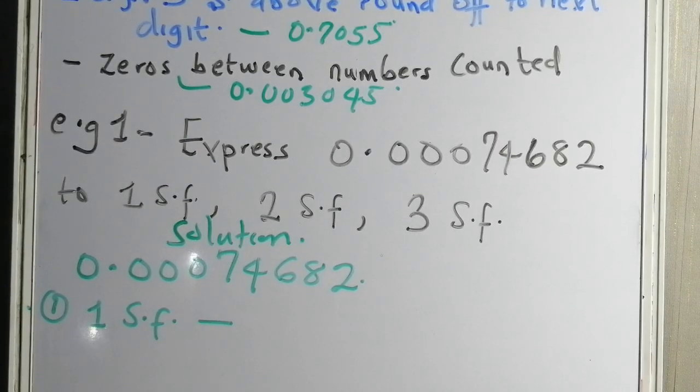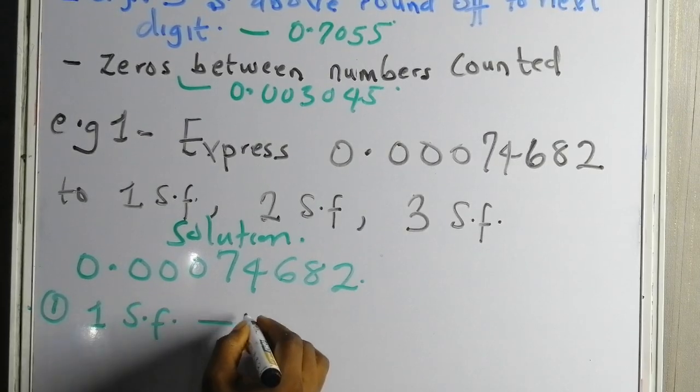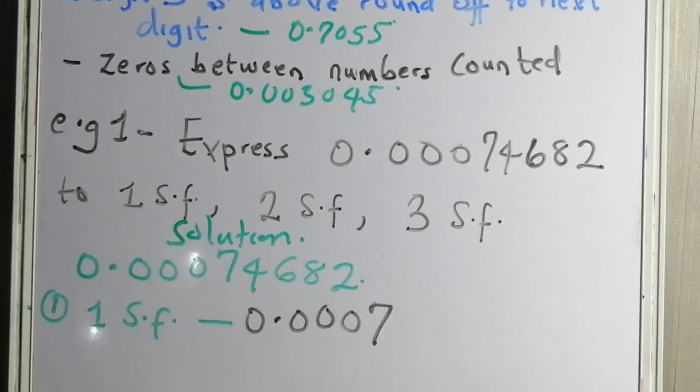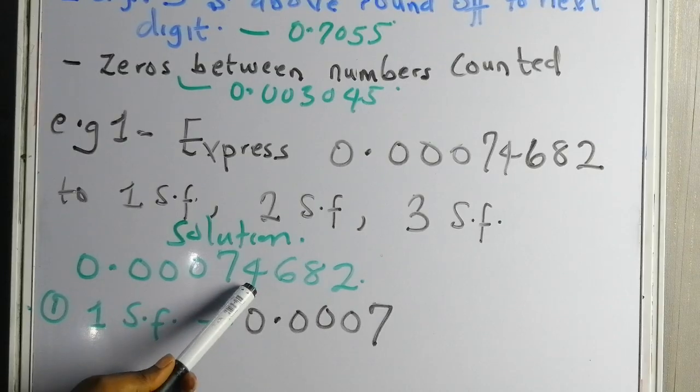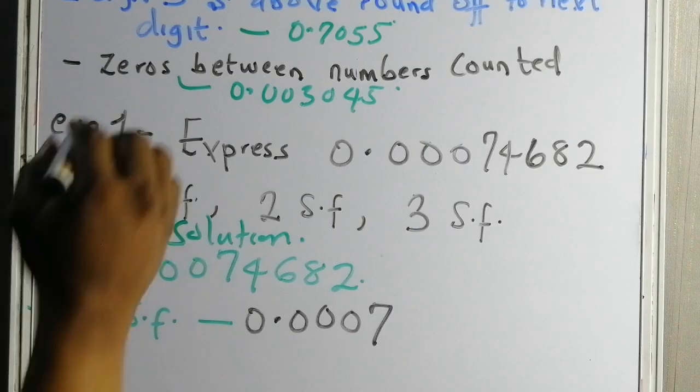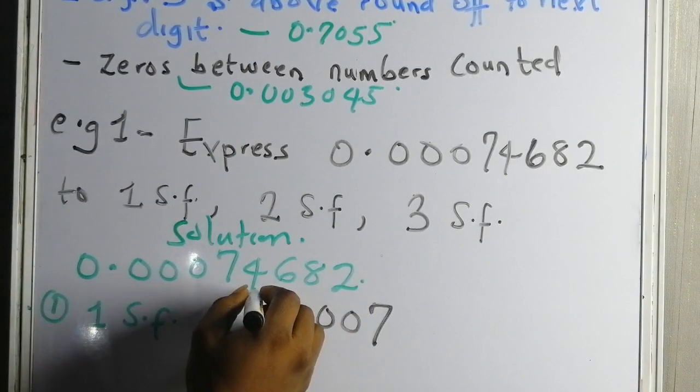So if you look at this very well, you don't count 0. What is the first non-zero here? It is 7. You understand? So it means that to 1 significant figure, I will have 0.0007. That is the answer. So now the next digit after 7 is 4. It means that it's not greater than or equal to 5.